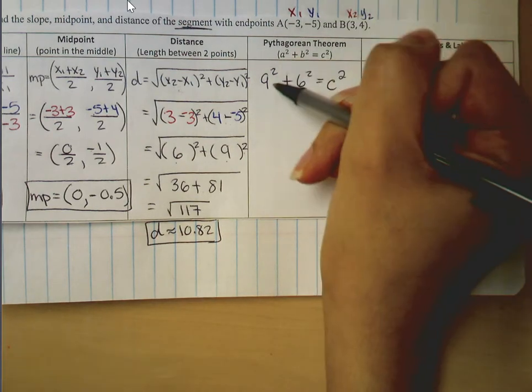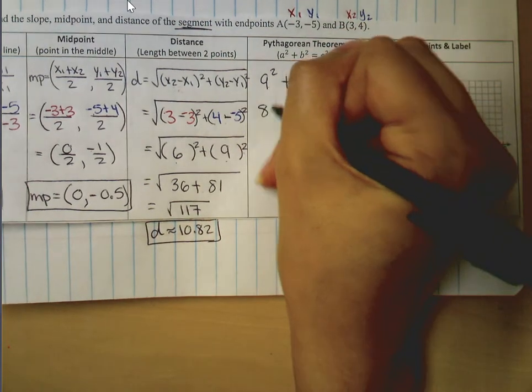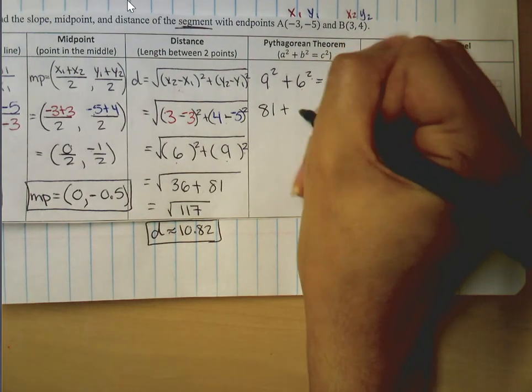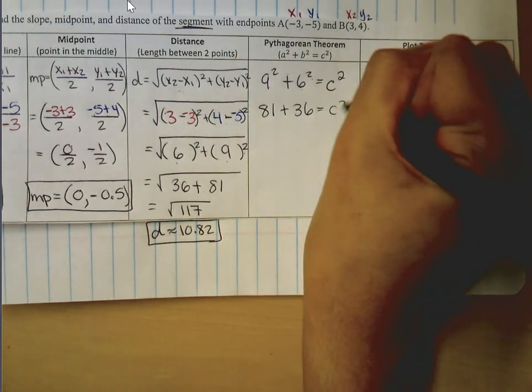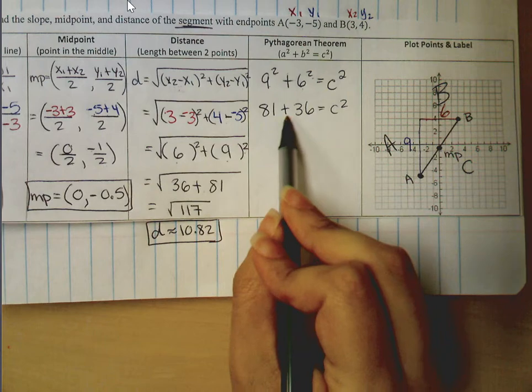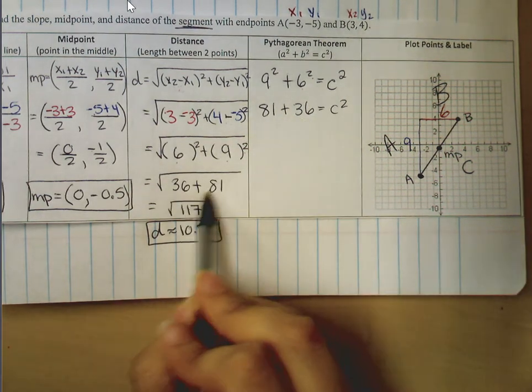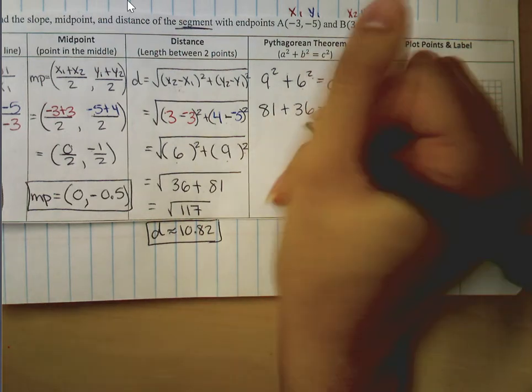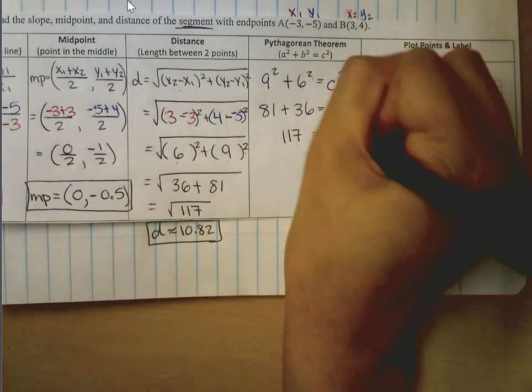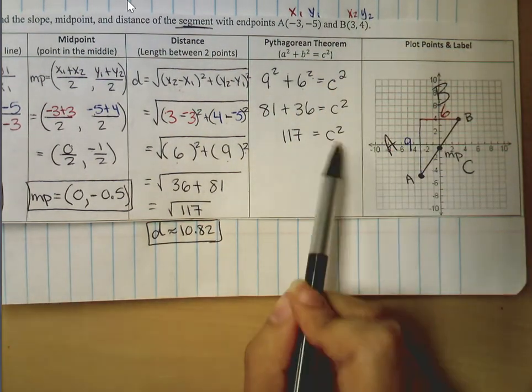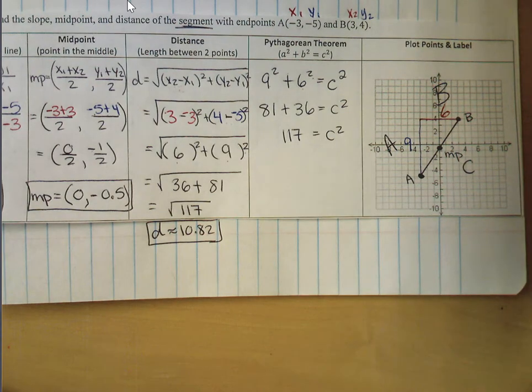Now I'm going to square, so 9 squared is 81. 6 squared is 36. There's an addition sign in between, so I add them. 81 plus 36, that's the same thing I had over here. That's 117. And we're trying to get c by itself, so it's kind of like solving an equation.